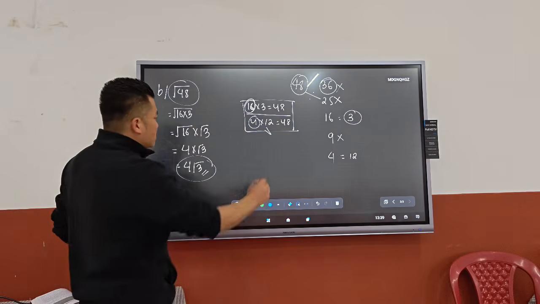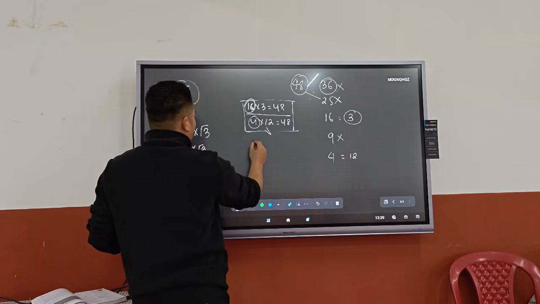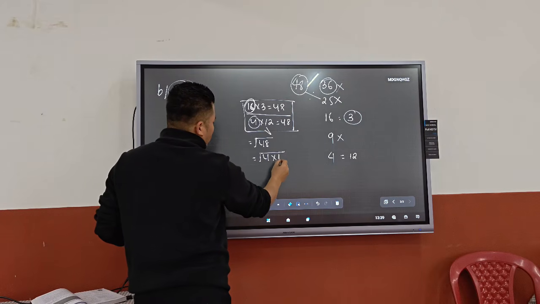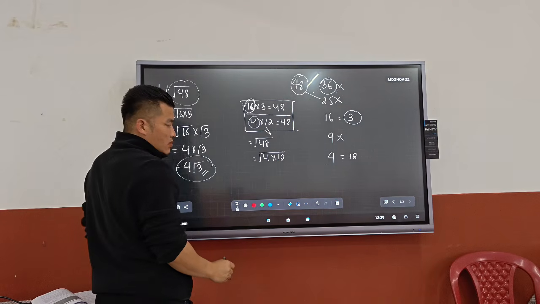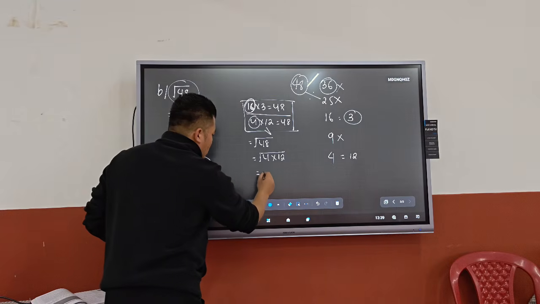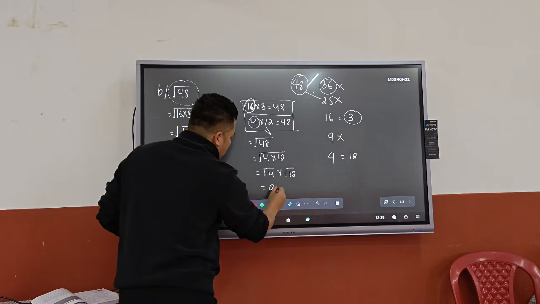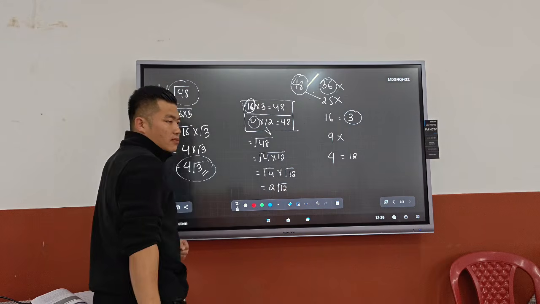Now if you take 4 times 12, you can rewrite square root of 48 as square root of 4 times 12. So root 4 times root 12, which is 2 root 12.